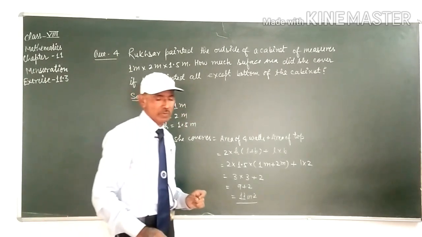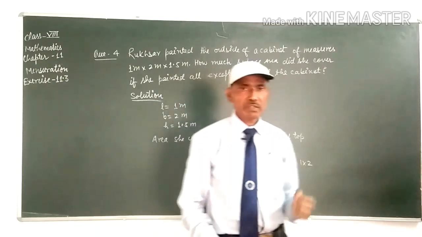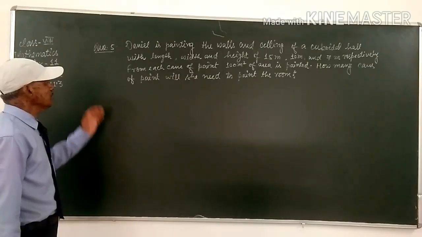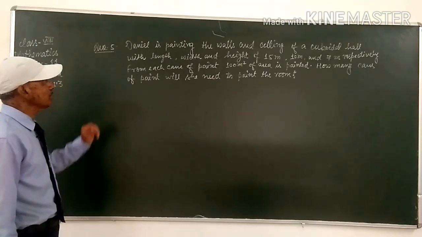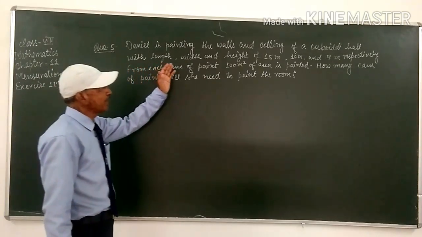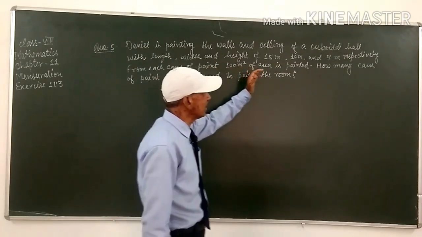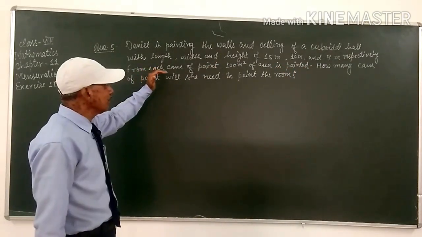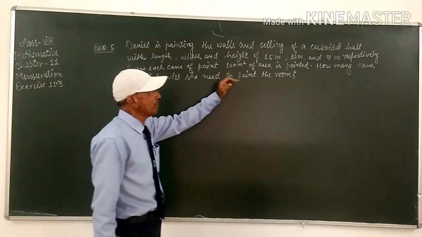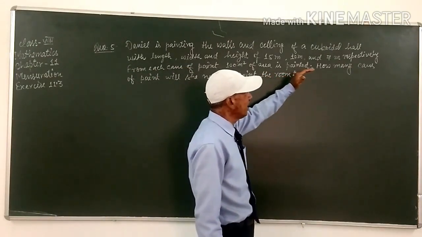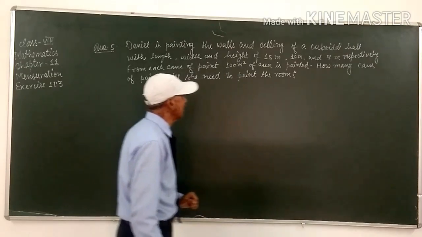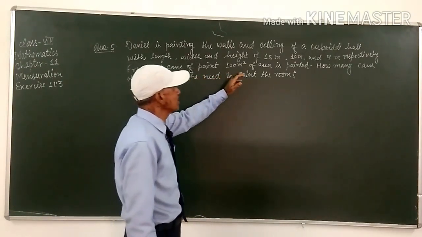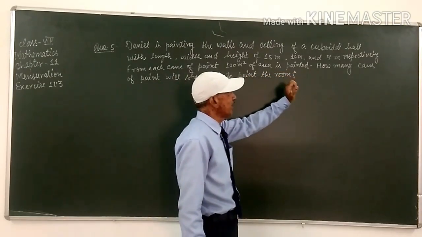Clear students? Now we will solve question number 5. This is question number 5, and in this question Daniel is painting the walls and ceiling of a cuboidal hall with length, width and height of 15 meter, 10 meter and 7 meter respectively. From each can of paint, 100 meter square of area is painted.